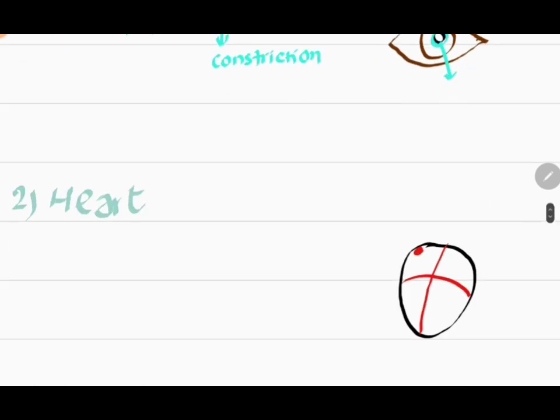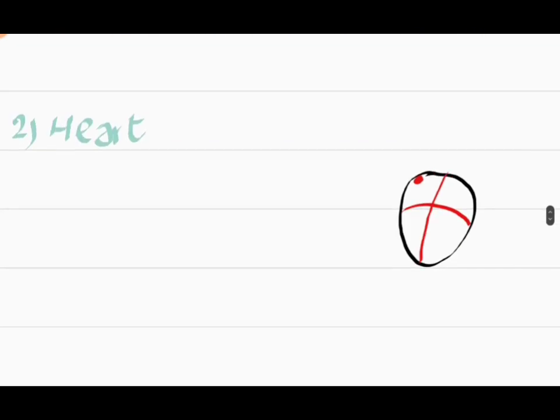In the heart, we have two main sites of muscarinic receptors, the SA node and the muscles. The SA node is here, and it generates the impulses in the heart, and then we have the muscles of the heart. Both of these areas contain muscarinic receptors, and stimulation of these receptors has a negative inotropic and negative chronotropic effect in the heart.